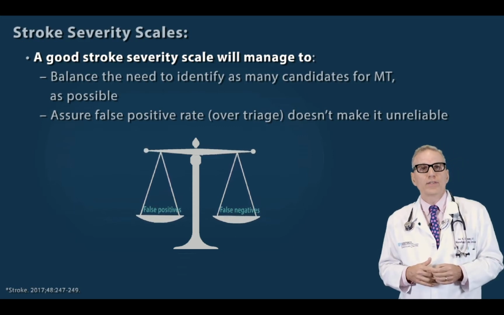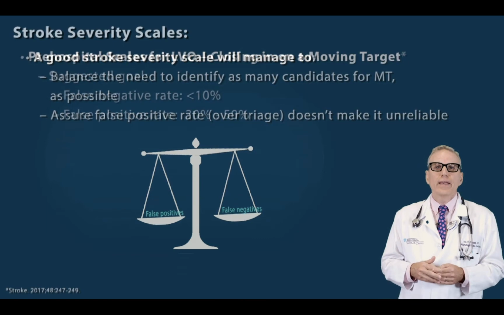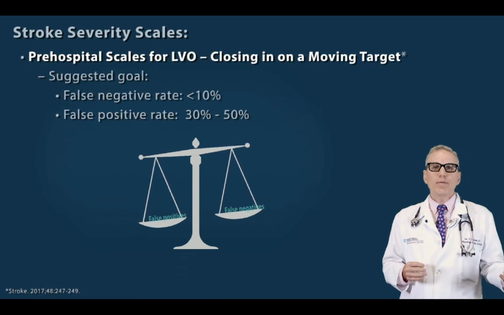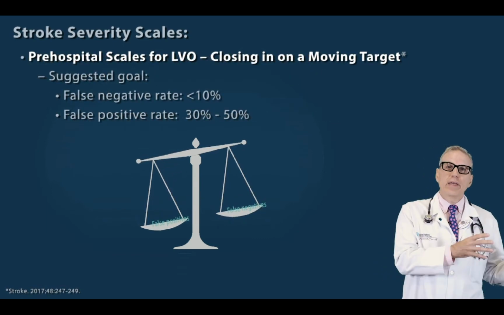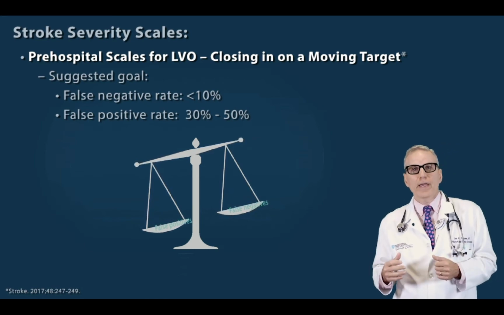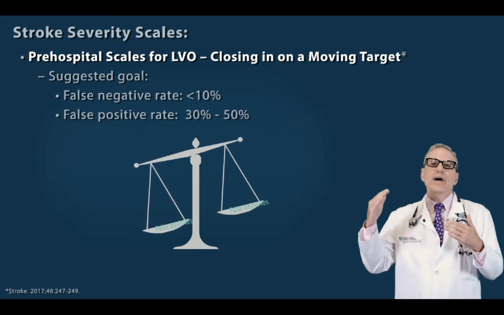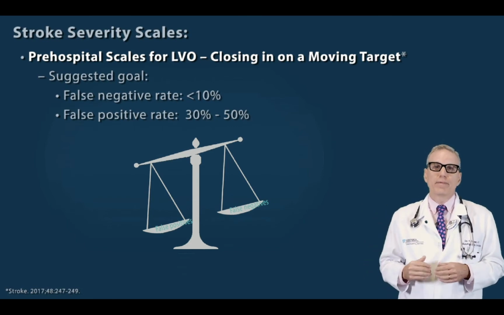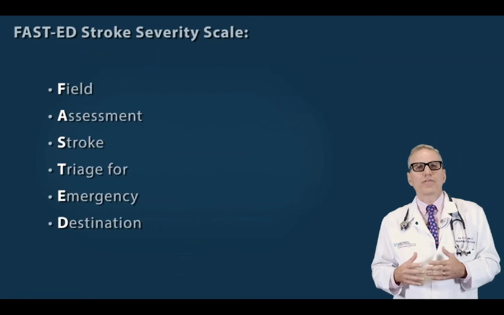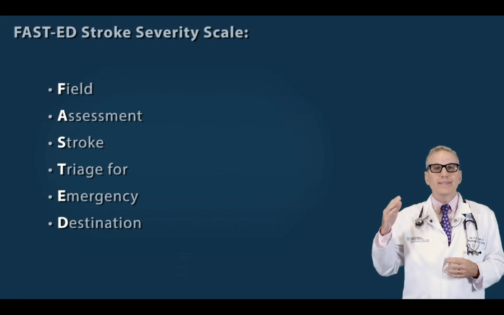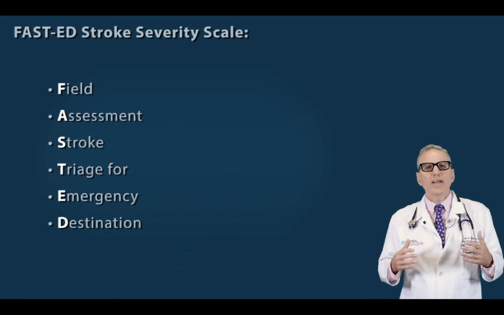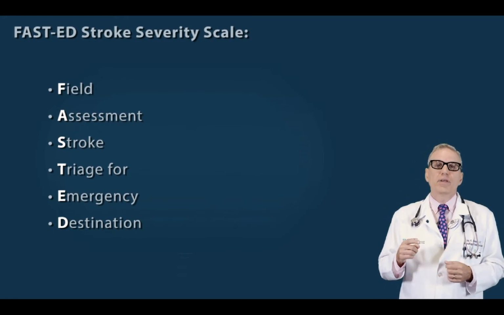One author suggests a reasonable goal is a false negative rate of less than or equal to 10%, meaning cases you miss, and a false positive rate of 30 to 50%, meaning cases you identify as an LVO that turn out not to be. Now that we have a basic understanding of what a stroke severity scale is designed to do and why, let's take a close look at how to apply the steps of FAST-ED.